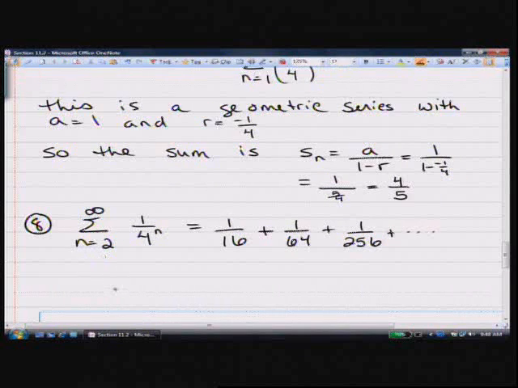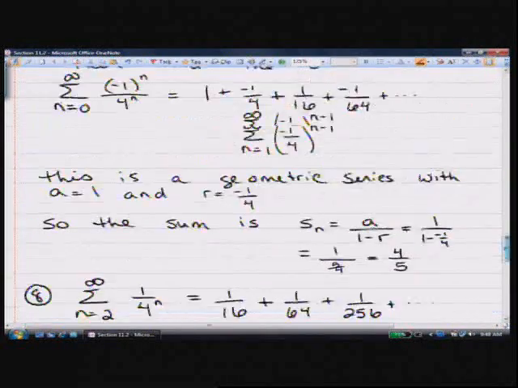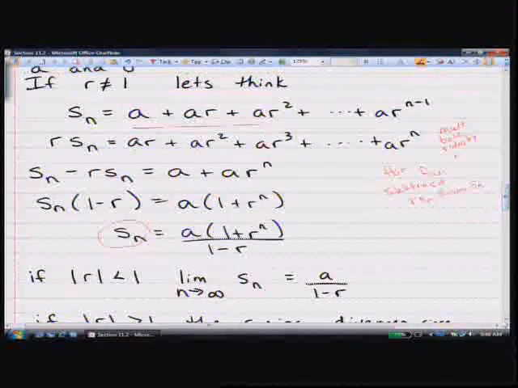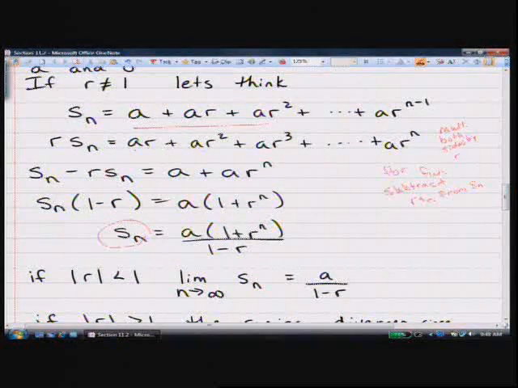It would be better for you to figure out your R by looking at the ratio of these terms as they proceed, especially if your index doesn't start at 1 and your pattern is not like this. Because if you do AR squared divided by AR, you'll get R, right?